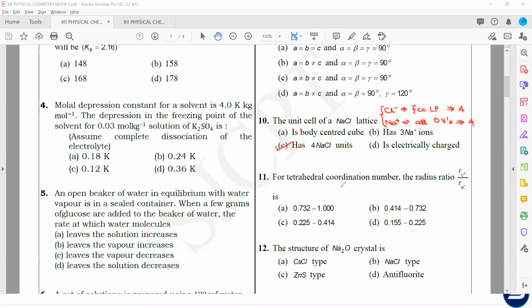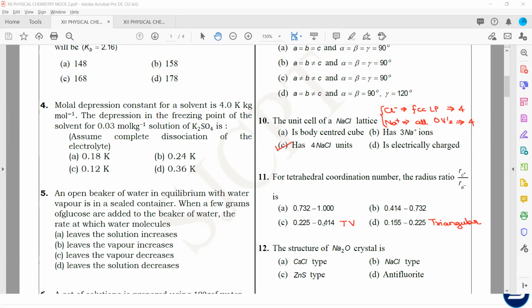Next, for tetrahedral coordination number, the radius ratio is in the range 0.225 to 0.414. तो ये tetrahedral के लिए है. Starting range 0.155 to 0.225 is triangular void with a coordination number 3.